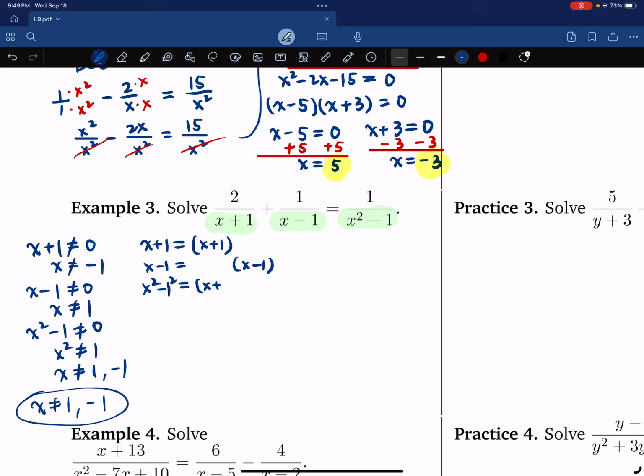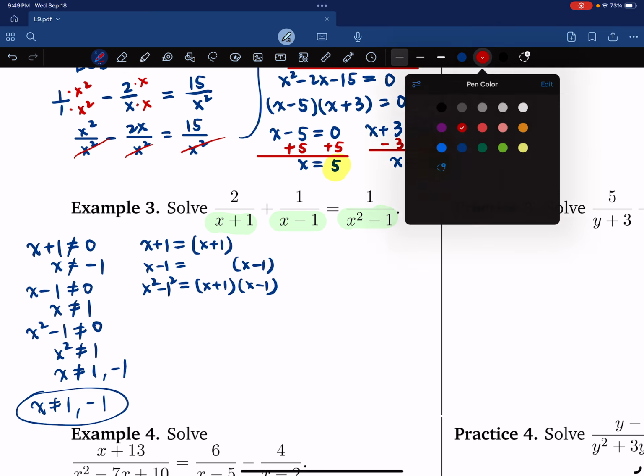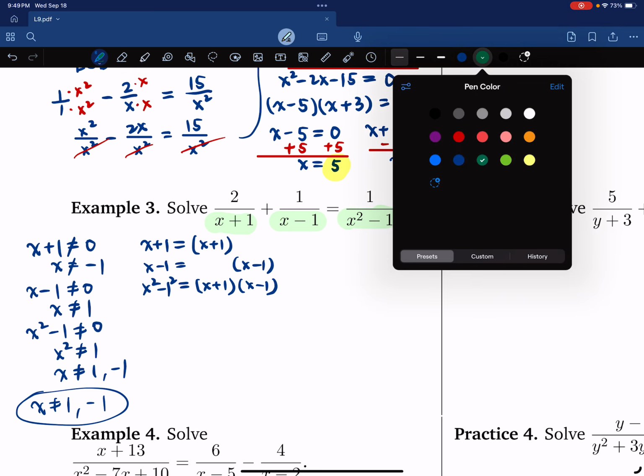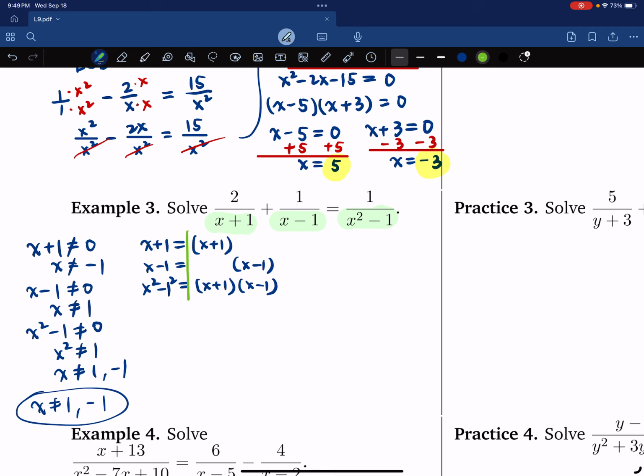It's x plus 1 times x minus 1. And now we can see that there are two factors in this case, which indicates that our LCD is the product of these two, x plus 1 times x minus 1.